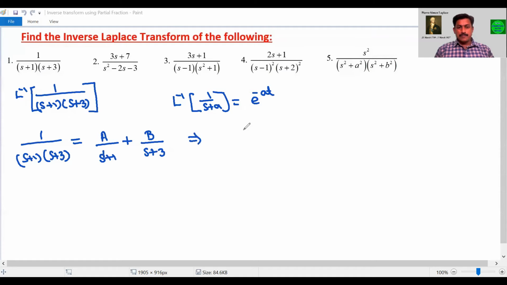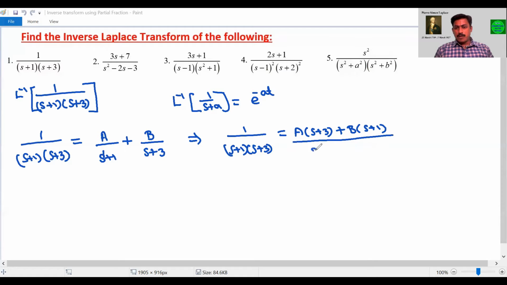Take LCM: 1 divided by (s plus 1) into (s plus 3) equals a into, here this entire term is our LCM, we have to multiply it by (s plus 3), plus b into, here we have to multiply it by (s plus 1). If you cross multiply, otherwise you observe the left hand side and right hand side, whichever term is missing, that you can multiply.